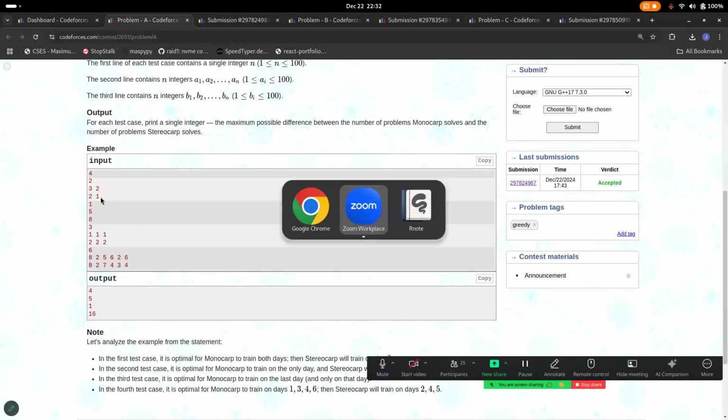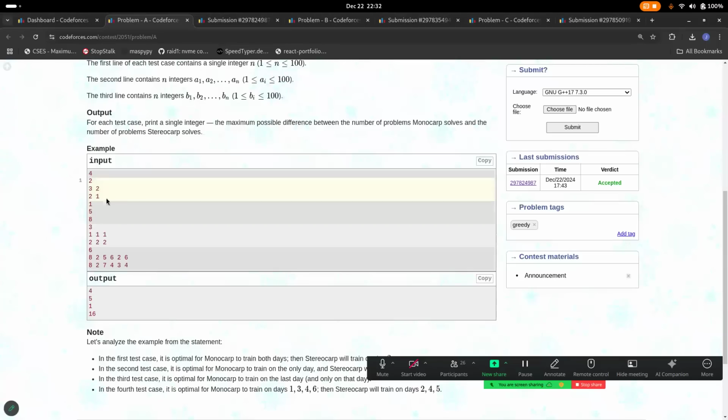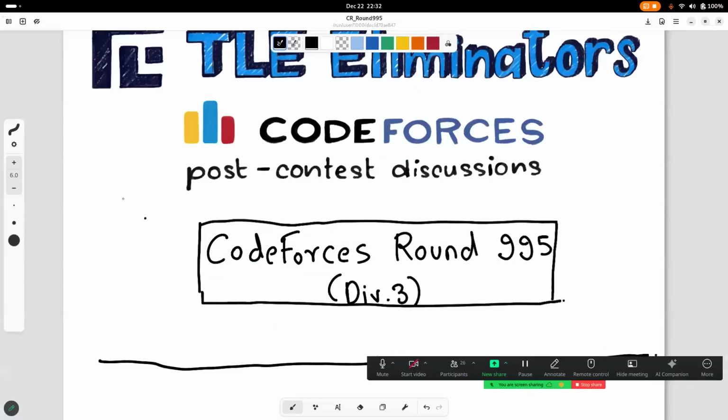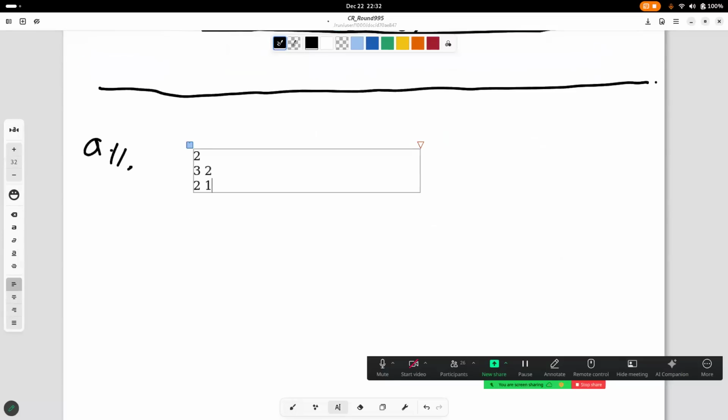Let's consider the first test case. Here t was 4, so we have 4 test cases. In the first test case, we had 2 days.